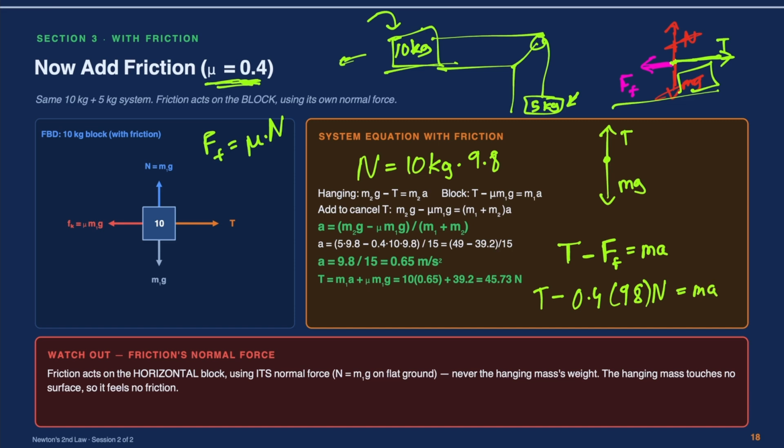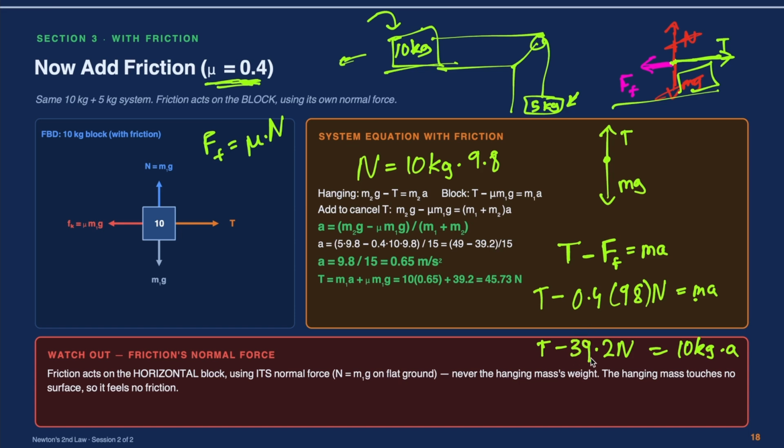So then 0.4 times 98, tension minus 39.2 newtons is equal to MA. In this case, M is 10 kg times acceleration. Okay? Let me just tidy up this 39 here.